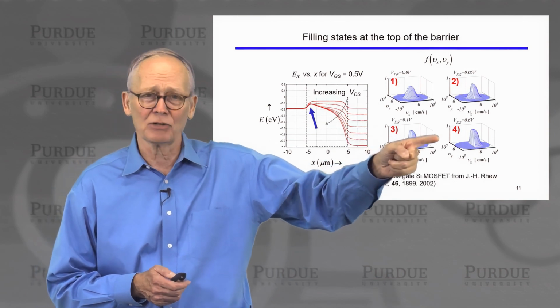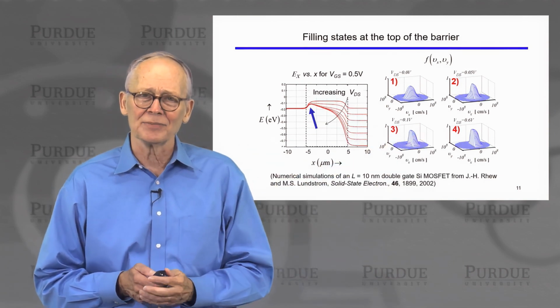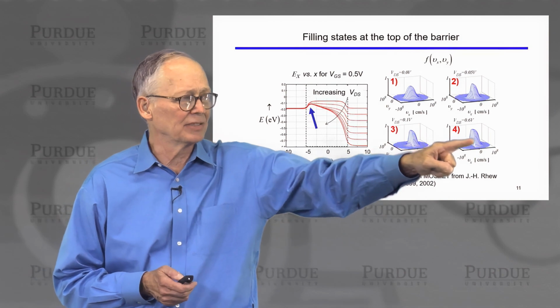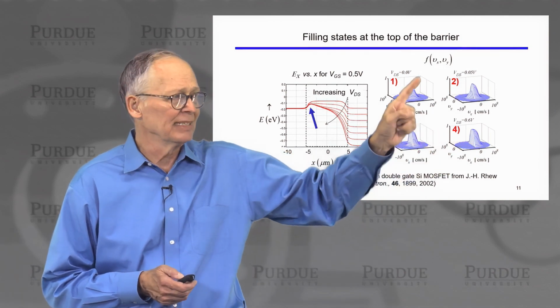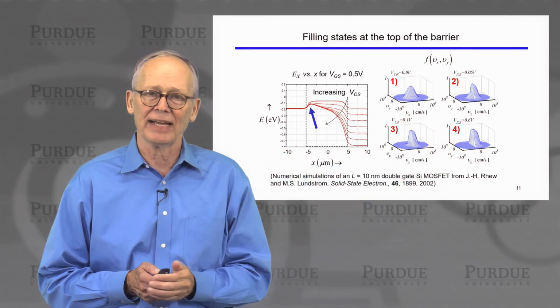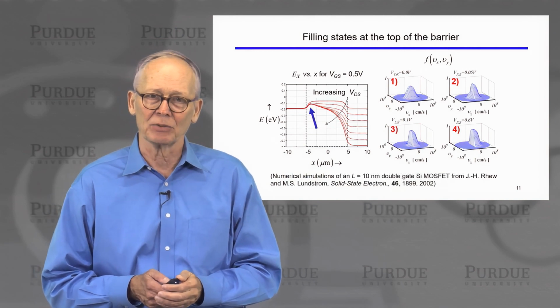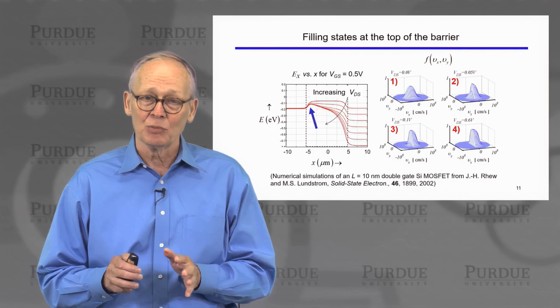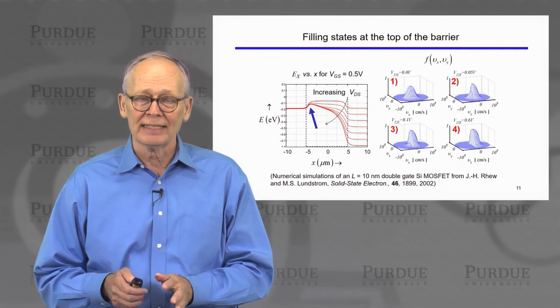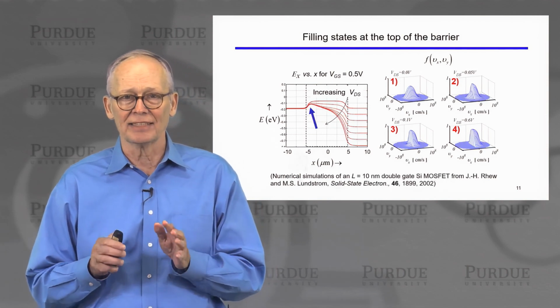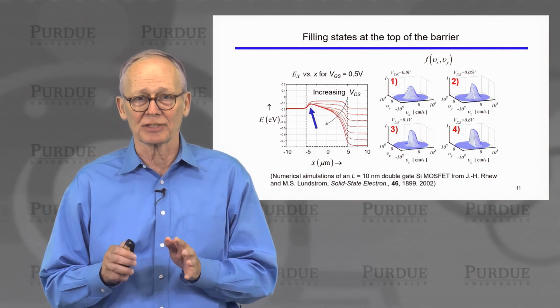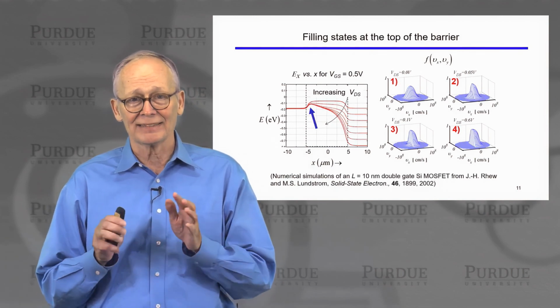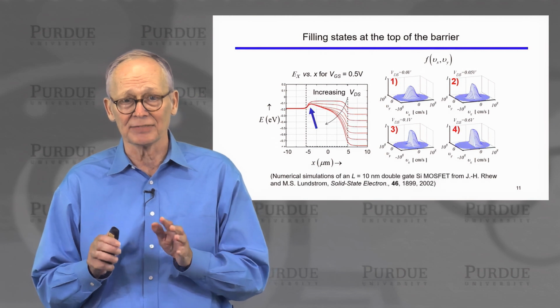Now, those of you that are looking carefully might notice that the positive half of this thermal equilibrium distribution is a little bigger than the positive half of the initial thermal equilibrium distribution. What's that all about? Well, MOS electrostatics demands a certain charge at the top of the barrier, minus C inversion times Vg minus Vt.